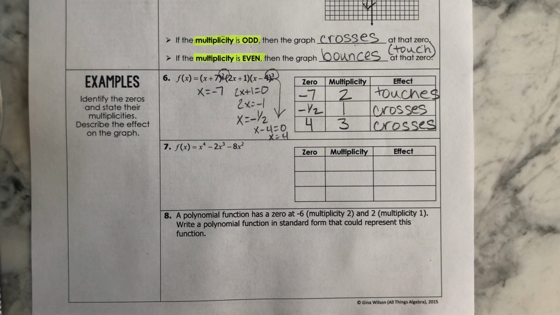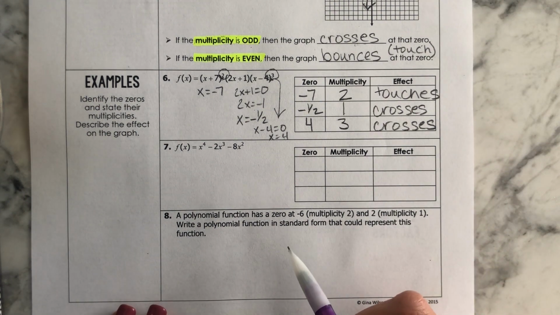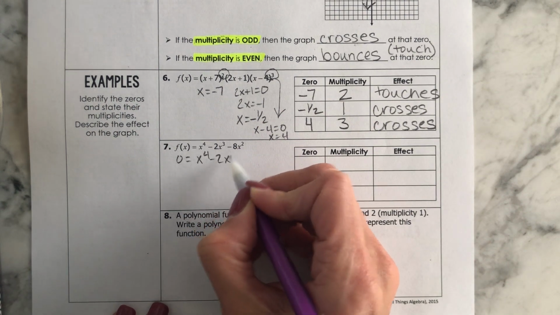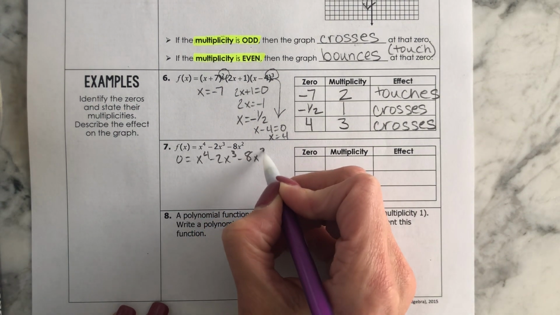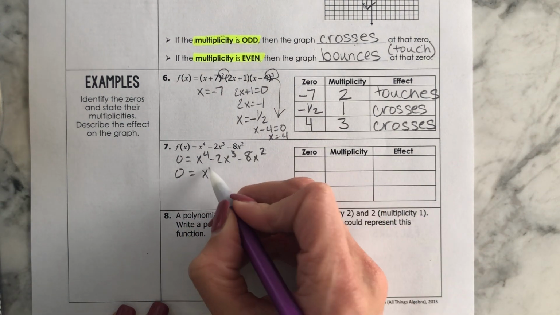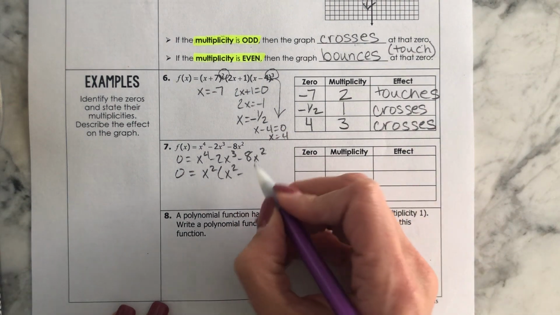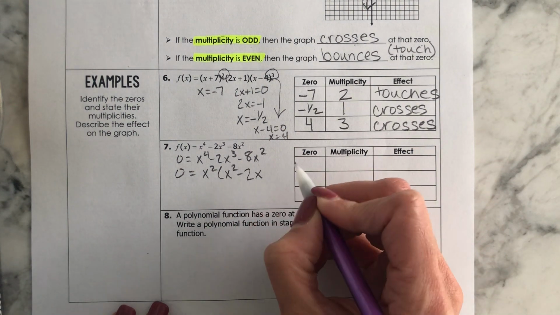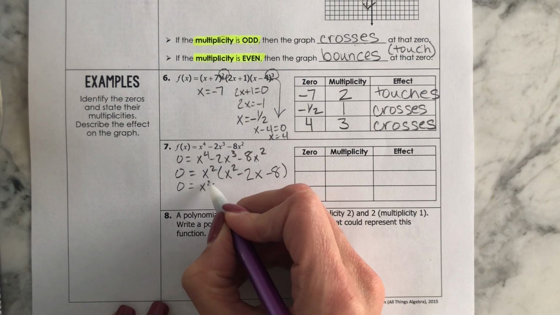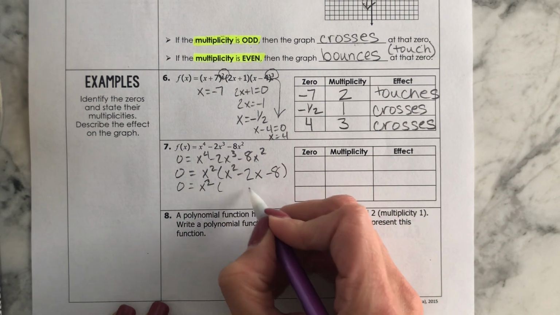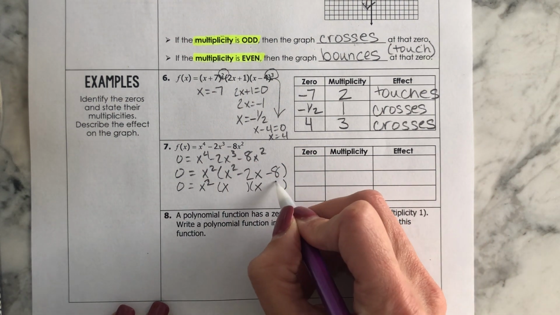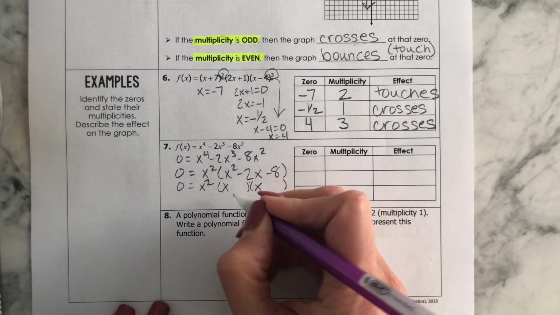Let's try number 7. So step 1, set it equal to 0. And then step 2, graph it. So this one I can pull out an x squared. Then I can keep going here. Looking for the factors of -8 that add to -2.